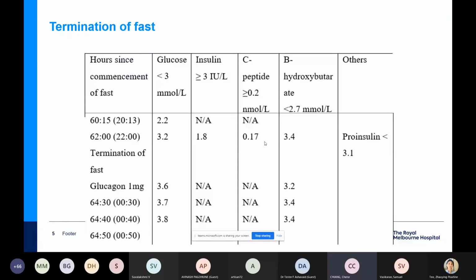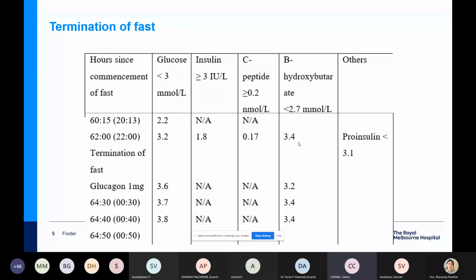And I should also add that at the termination of the fast, we always do a beta-hydroxybutyrate for ketone. Once again, in the setting of insulin excess, such as insulinoma, there should be an inhibition of ketone. And this patient actually does have a higher than expected level of ketone. So how would you report this 72-hour fast?